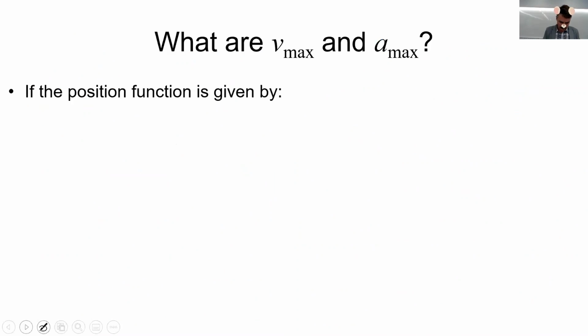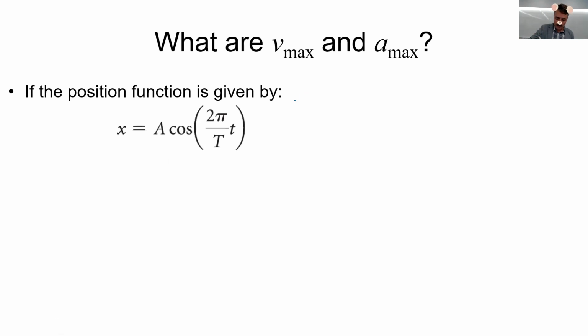Okay. Next thing is sort of this mysterious thing. You get asked about v_max, the maximum speed of simple harmonic motion, a lot. You also get asked about a_max, the maximum acceleration. But she doesn't really give it in the text, so I'll just point it out here. She does give this x. x is A times cosine of something.